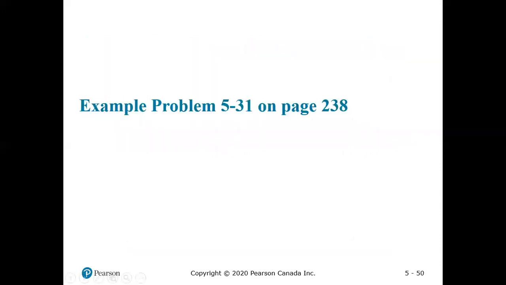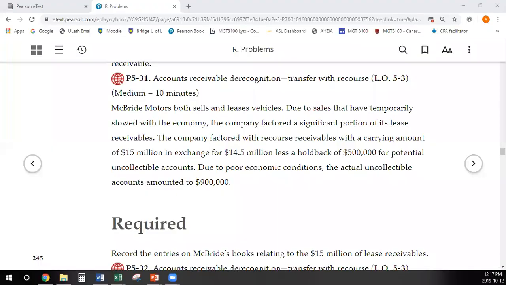So let's go through an example of factoring receivables now. It's problem 5-31 on page 238. McBride Motors both sells and leases vehicles. Due to sales that have temporarily slowed with the economy, the company factored a significant portion of its lease receivables.